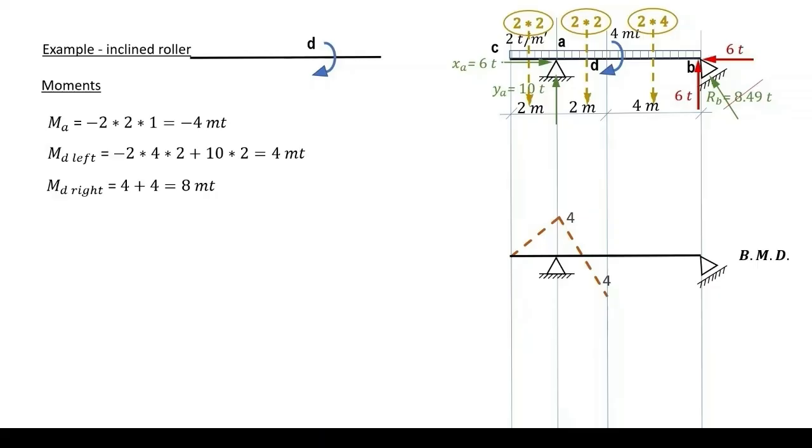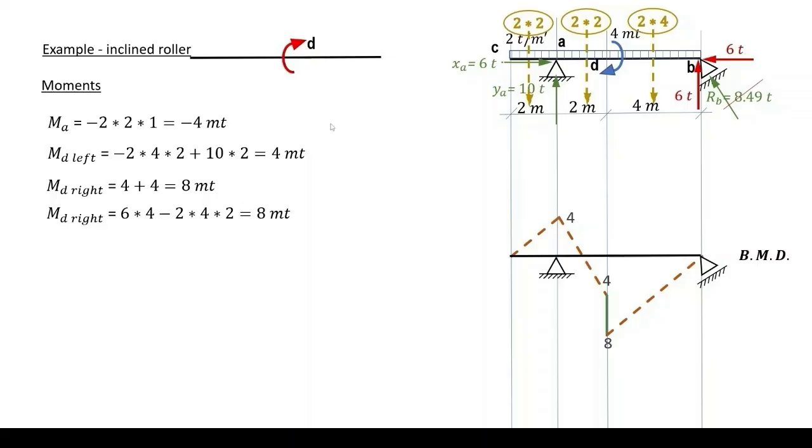We settle this moment at the left as we computed from the left-hand side, and therefore we conclude that the tail is below the center line of the moment, and we add this moment. So we have 4 plus another 4 concentrated equals 8 meter ton, and we plot it on our diagram. At B, there is a 0 moment.